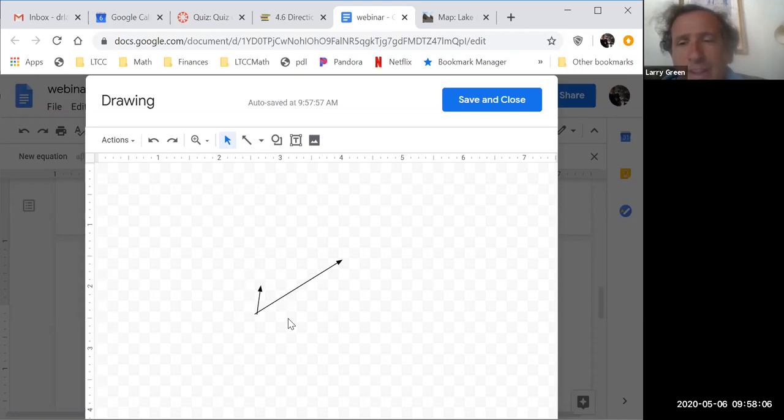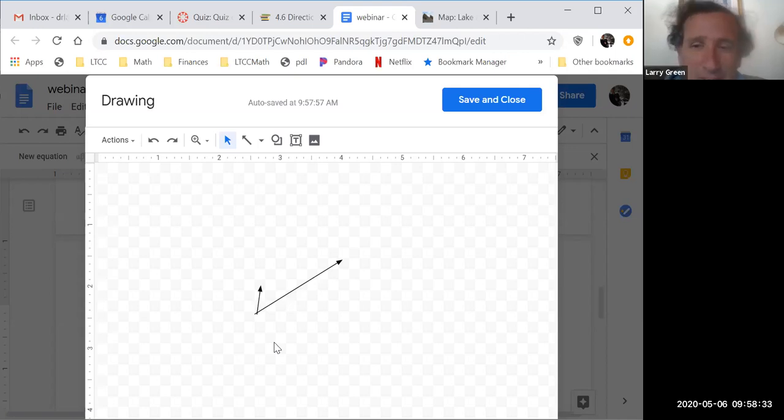What's the formula for a dot product in terms of magnitude and angle? You remember? Who remembers the formula for a dot product in terms of magnitude and angle? Hoping you all jump in because you're all supposed to remember this.